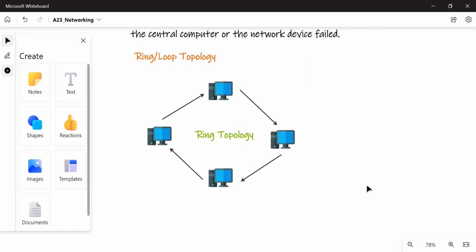Right. So let's write down the advantages of ring topology. Several advantages.